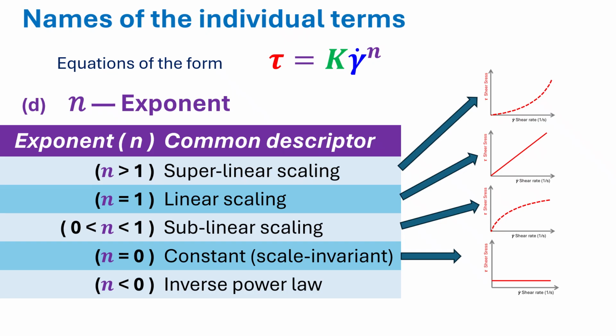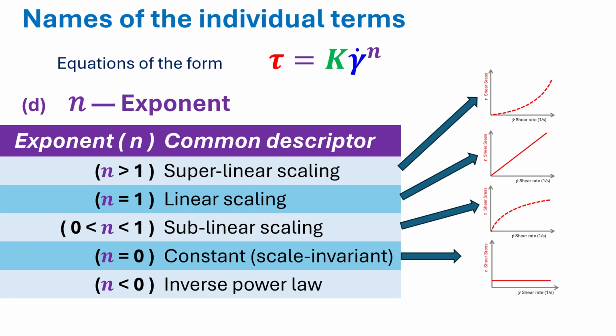And then we have n equals 0. When n is 0, the number that you're raising the shear rate to the power of equals 1.